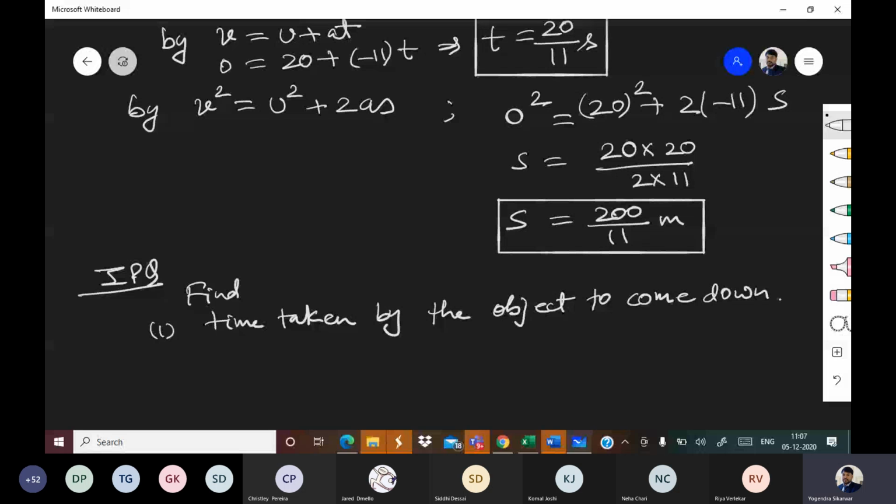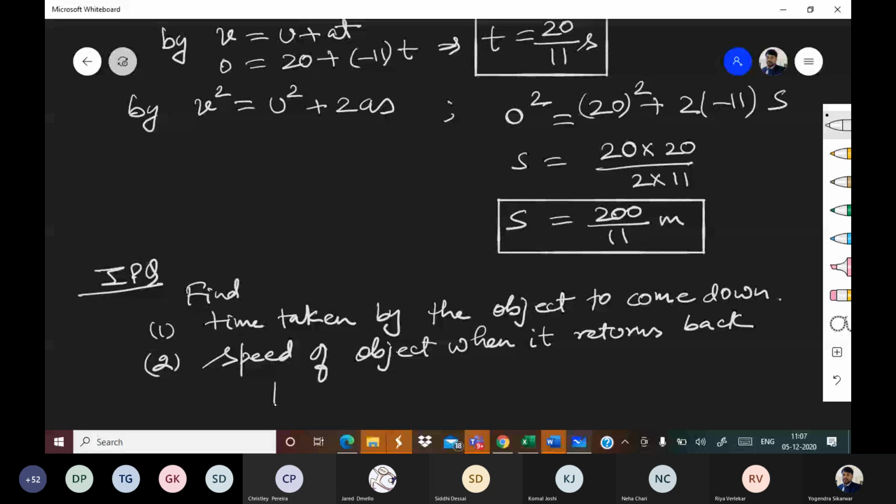Number 2, speed of object when it returns back to the starting point. That also you need to tell. Please find.